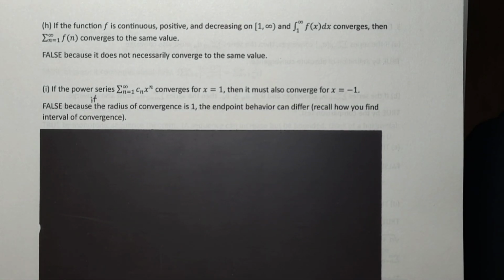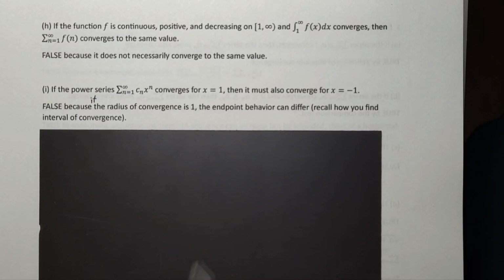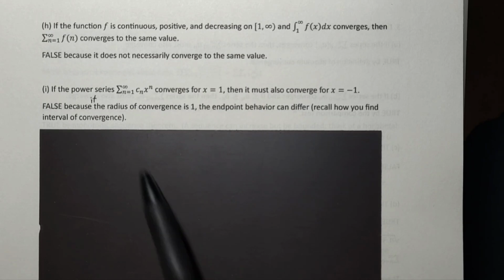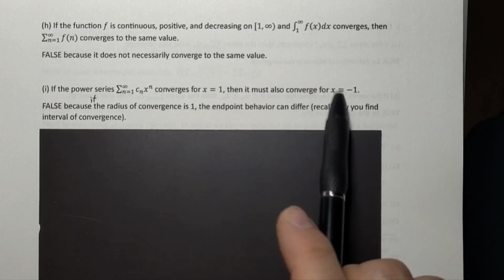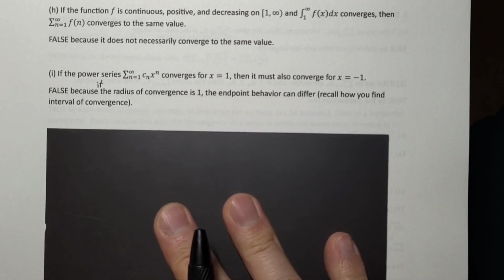So, that's how I thought through this one. Again, you could probably think of an easy counterexample. I did not, though. I immediately, for some reason, thought of radius of convergence because it's symmetric. And then I thought of, well, usually when we find the interval of convergence, we have to check those endpoints precisely because the ratio test is inconclusive there. So from experience of doing all those problems, I thought of that. So that's one way to think of that, if you like that better than finding a counterexample.